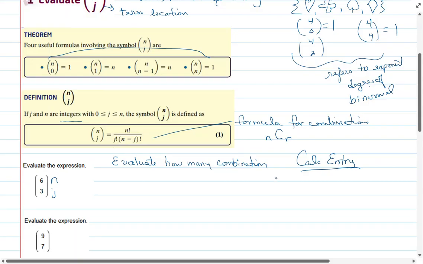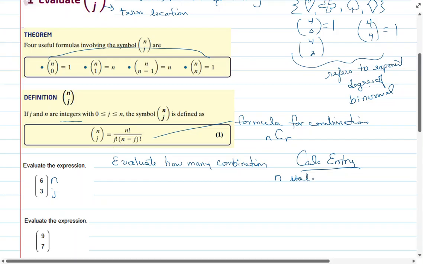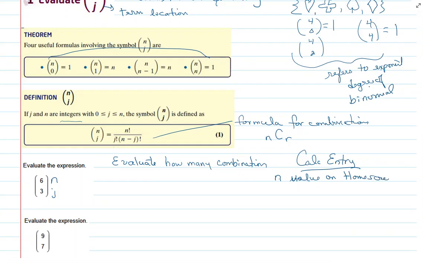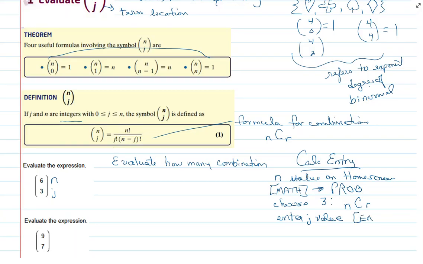So we're going to enter the n value on the home screen. Then we're going to give it a command. We're going to go to the math key, arrow over to probability, PRB, and we're going to choose number 3, nCr, and then enter the j value. And then hit enter for the answer.